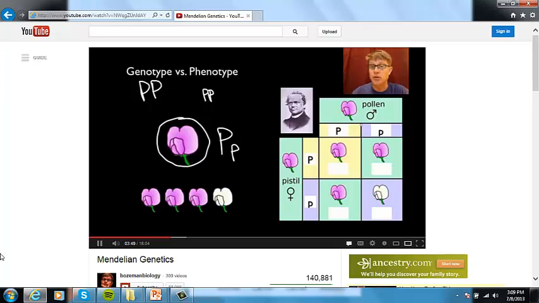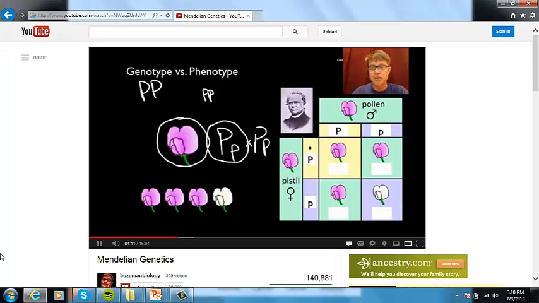In a Punnett square, you put the pollen or the male here, the female right here, and each of these genes gets a certain column. So this would be one parent, big P, little p, and you simply write that across. We've got big P and little p here, and big P and little p here, so this represents the two different parents crossing with each other.